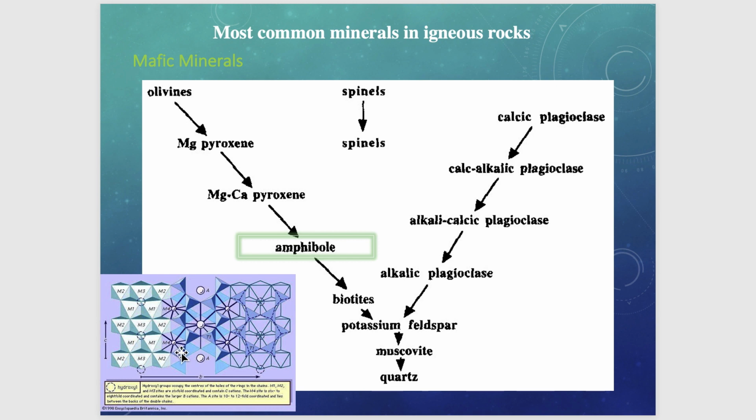So you have a package composed of a layer of tetrahedrons pointing downward, and between these tetrahedra exists a layer or ribbon of octahedrons, and this is sandwiched between two layers of tetrahedrons. So at the bottom you have another set of tetrahedrons that are pointing upward. So that's the basic package.